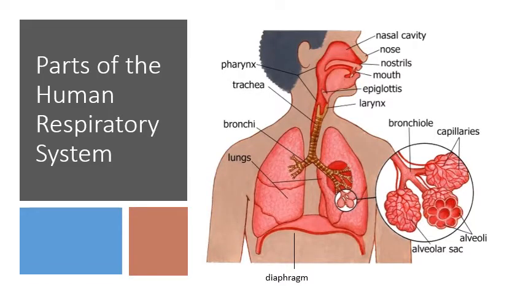The parts of the human respiratory system are the following: nasal cavity, nose, nostrils, mouth, epiglottis, the larynx, pharynx, trachea, bronchi, lungs, bronchiole, capillaries, alveoli, alveolar sacs, and the diaphragm.